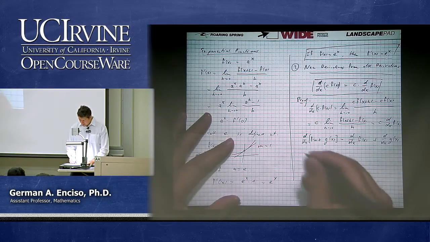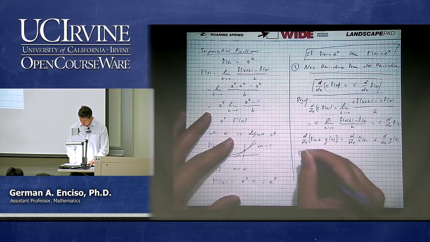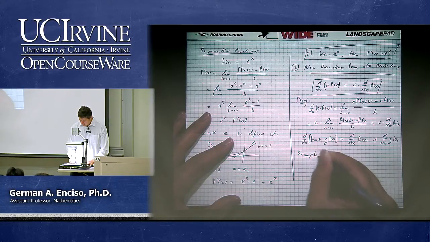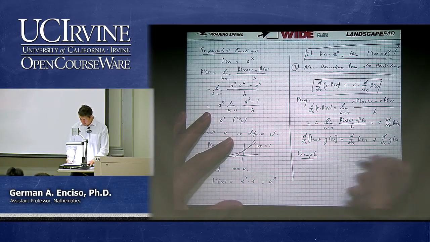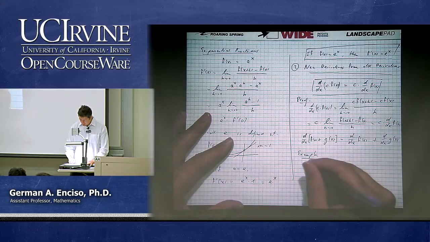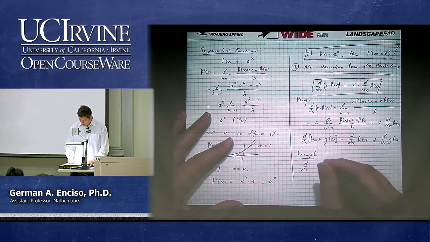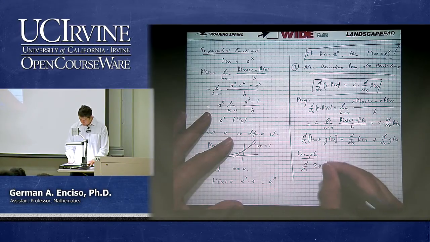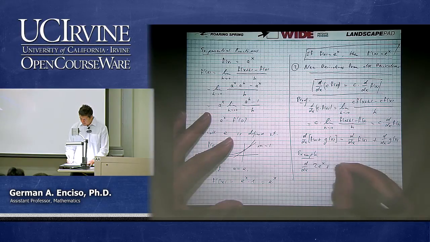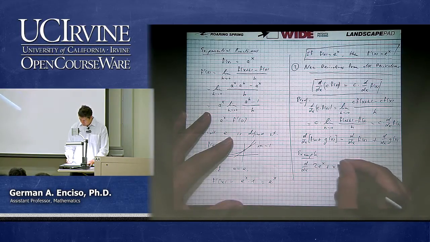Okay, so for example, let's say that I want to calculate the derivative of 2e to the x plus x to the 7.